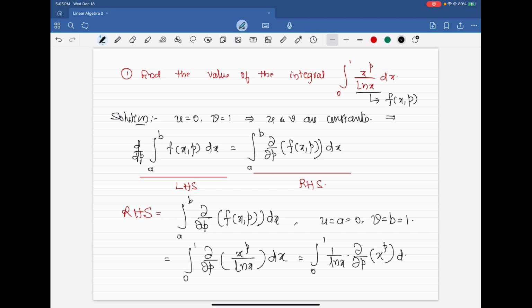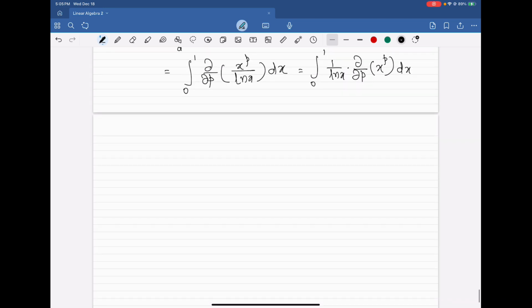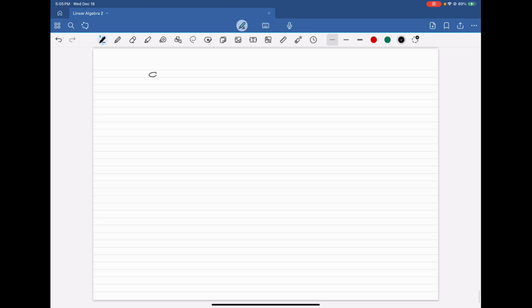What is the value of dou by dou p of x to the power of p? x is a constant. Here x is not a variable, p is the variable. Dou by dou p of x to the power of p is equal to x to the power of p into ln x. This is the value of derivative of x to the power of p.